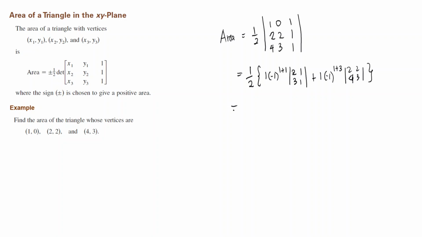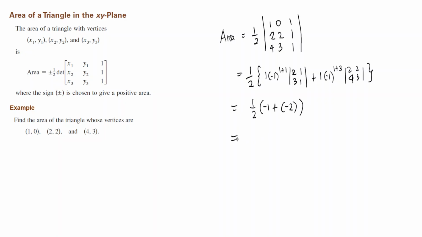Okay, and then we solve. We have this is positive, this is also positive. So this is 2 times 1 minus 3. So that's negative 1. And then this is also positive. So plus, we have this is 6 minus 8. So that's negative 2.